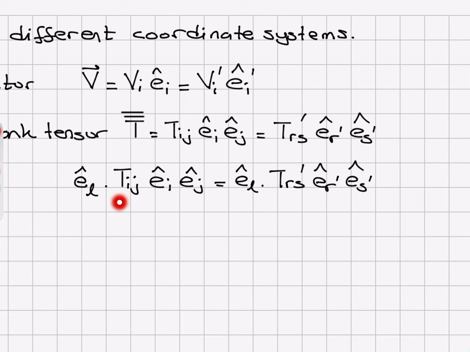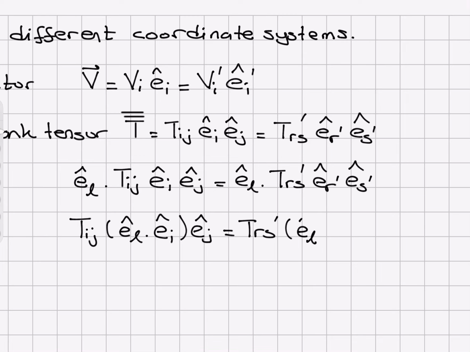Now this is just a matrix element, so that is going to be a number. I can take it out, T_ij, and what I have here is e_l hat dot product with e_i hat, e_j hat. And on the right hand side, similarly, I have T_rs prime, that's a matrix element. I have e_l hat dot product with e_r prime hat, e_s prime hat.